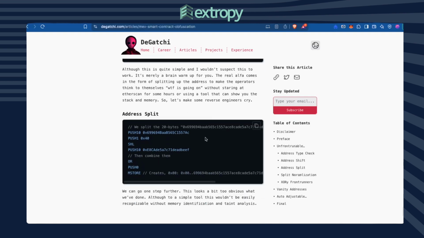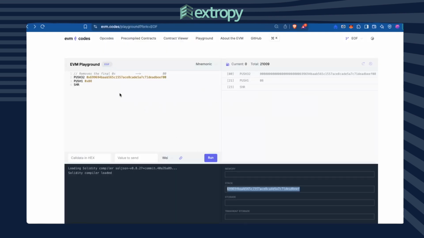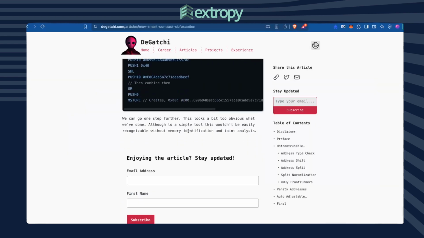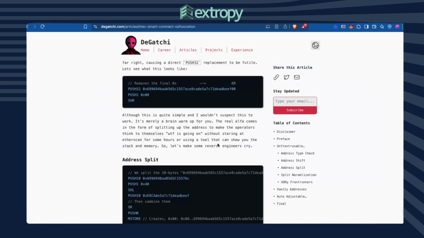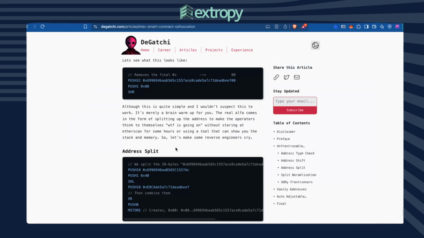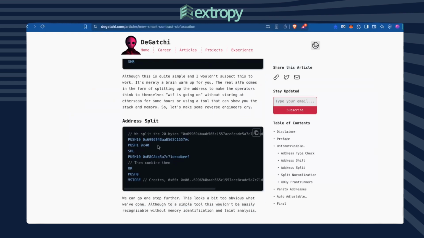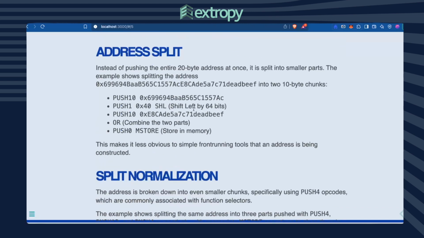Other things we can do are this. In this one we split up the address, basically. I think I've written it better. We split it into smaller parts.